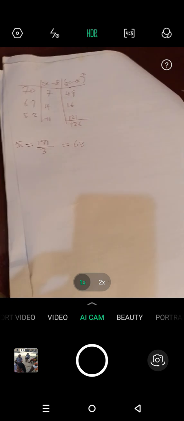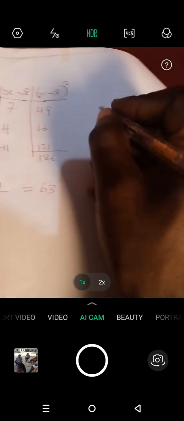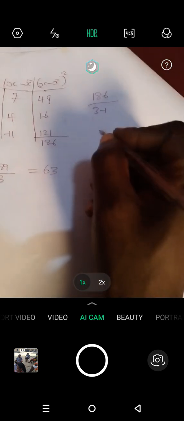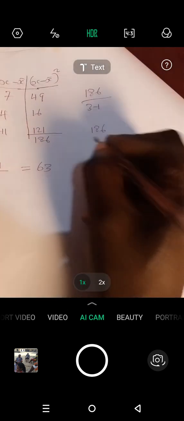After getting 186, the next thing to do is, we say that our 186 is all over the number of outcomes we are working on, which is 3. So we now say 3 minus 1, which gives us 186 all over 2.